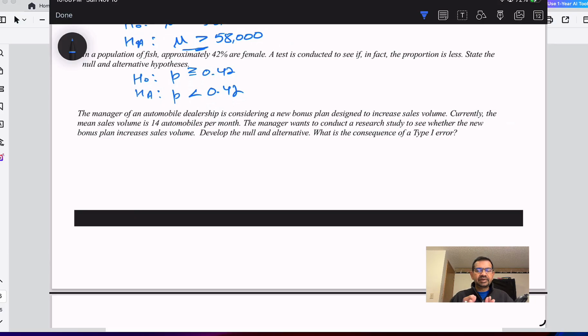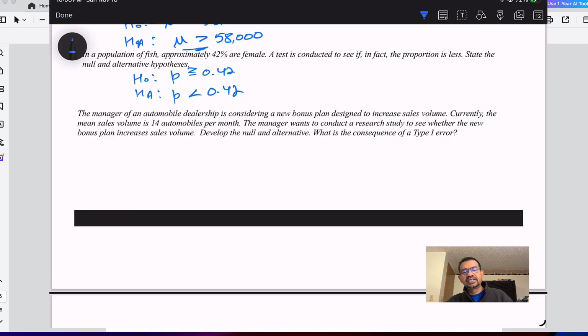Because we're implementing a change, here we will be a lot more conservative and worry about what our findings might be. So we will play the devil's advocate, so to say. We will play the contrarian. We'll say that maybe this bonus plan will have no effect. We hope to find that this bonus plan will actually increase our sales volume.